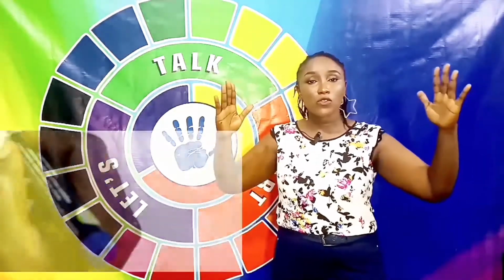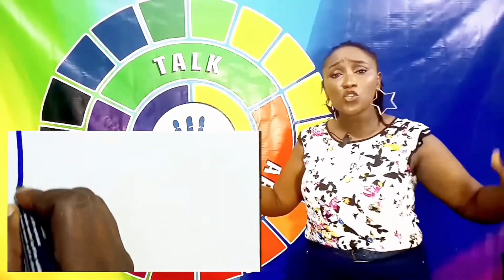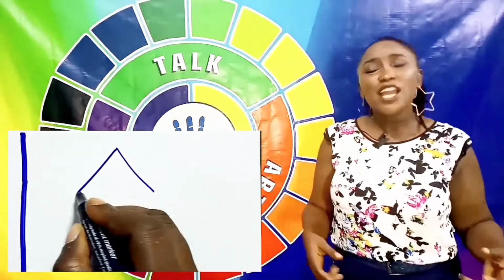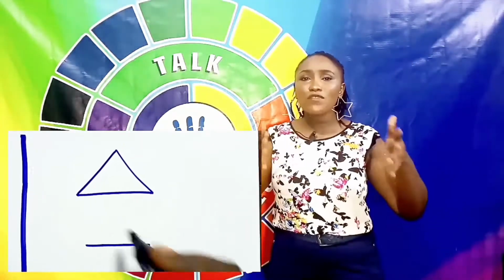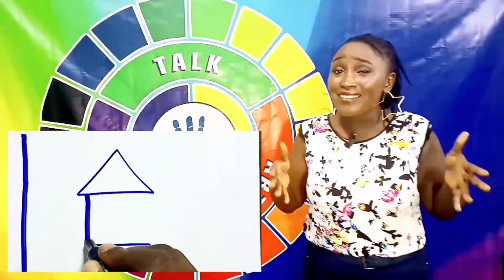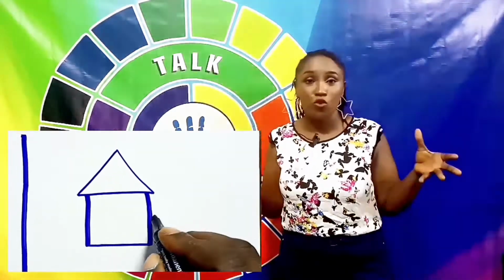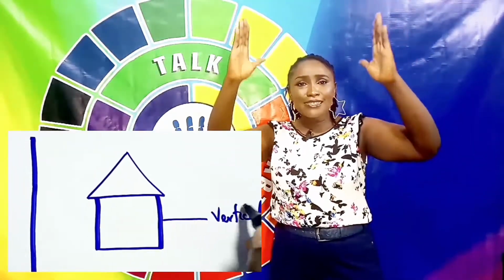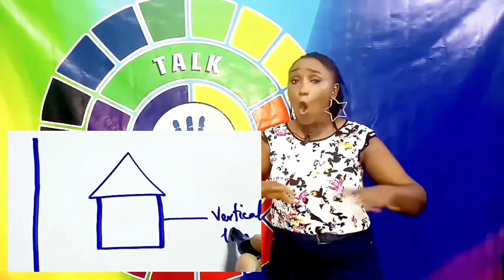Now, for example, you're trying to draw a house. Obviously, when we are teaching children how to draw a house, we start with using basic shapes. Remember that the body of the house, what makes it a house, is that rectangle or square, right? So what makes that rectangle stand? What makes that square stand is the vertical lines.